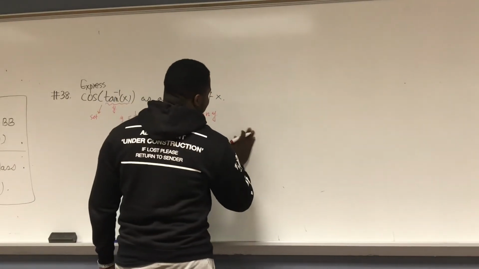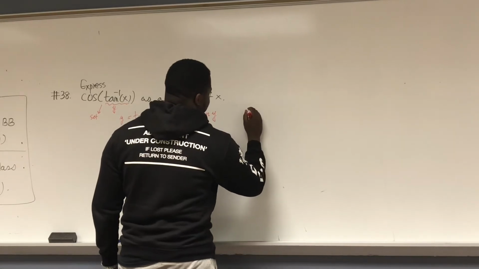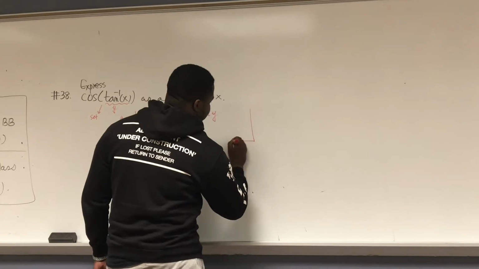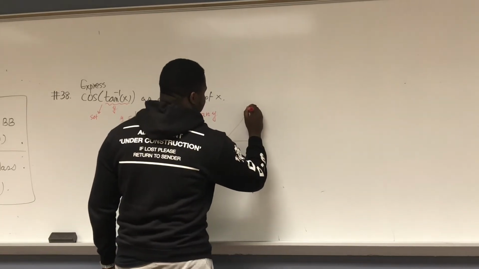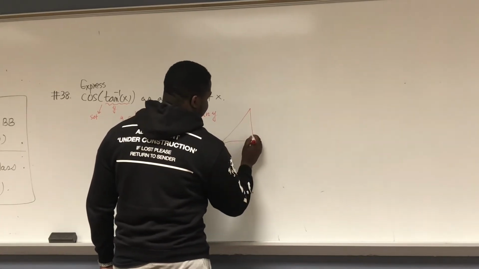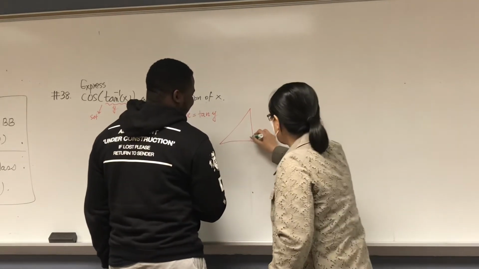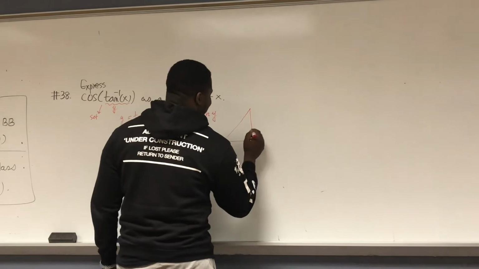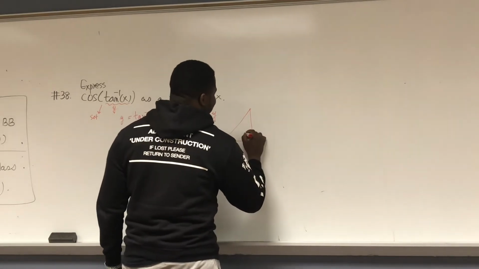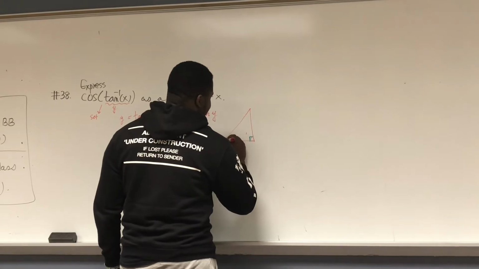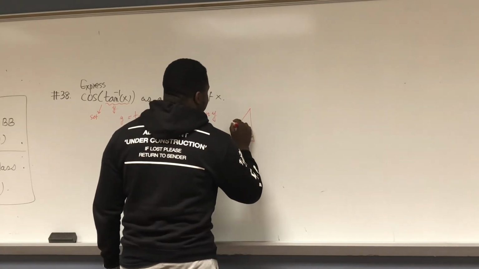So one angle should be 90 degrees. Where is the 90 degrees? This one. So this is y, right? And then where is the 1 and where is x?